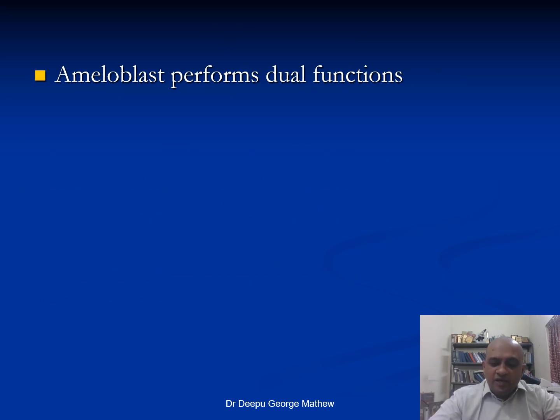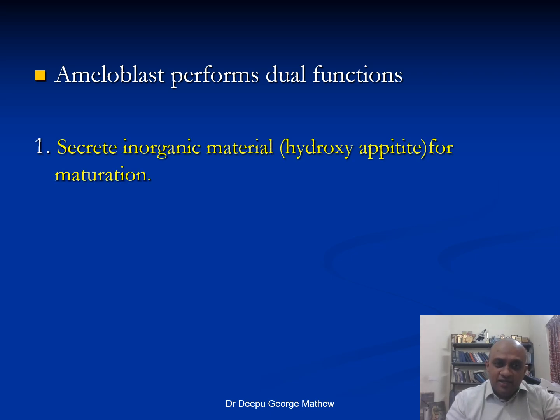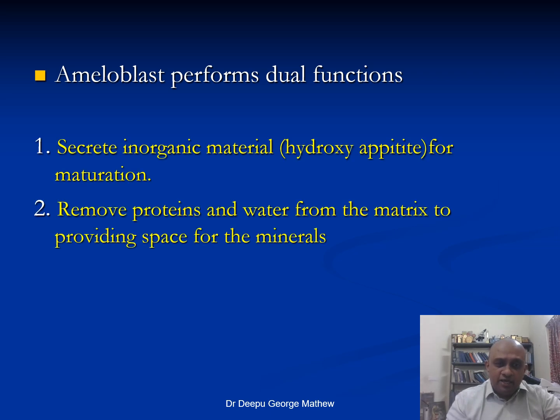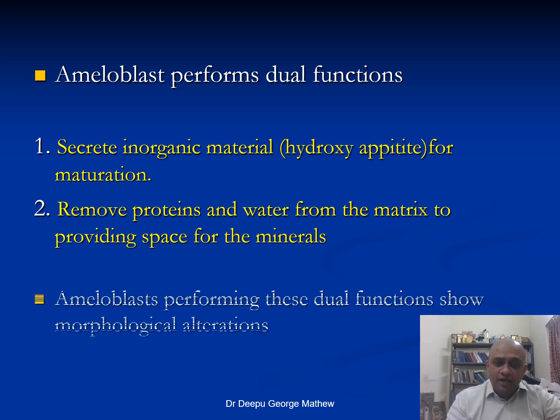So these ameloblasts are the ones which are going to do these dual functions, that is removal of the protein and water from the matrix, and secretion of the hydroxyapatite crystals, that is secretion of the inorganic material. And the ameloblasts performing these dual functions will show morphological alterations.